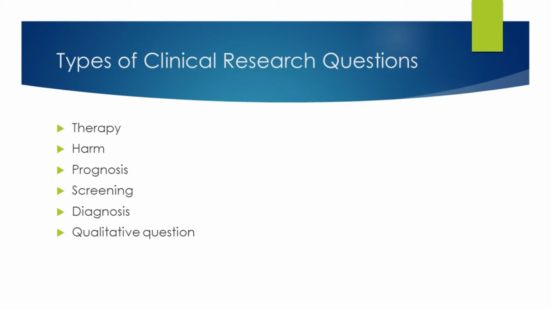So, the types of clinical research, we can have different types of clinical research questions. Those can be focused on therapy, whether one treatment is more effective than another. Harm, whether the adverse effects associated with one medication are lower as compared to the standard medication.